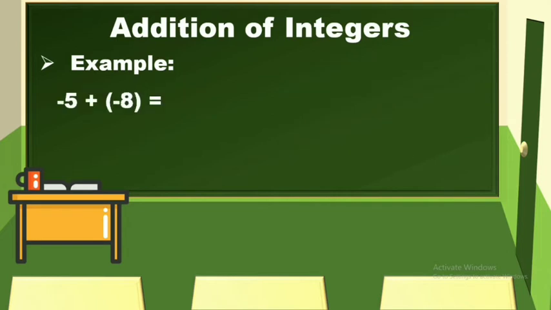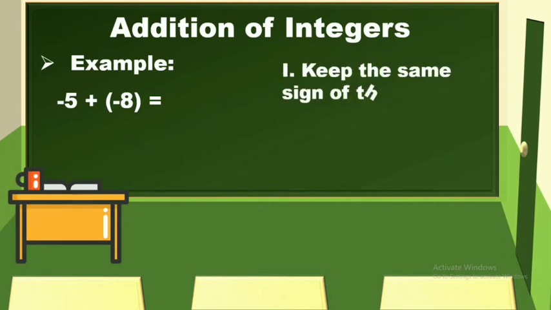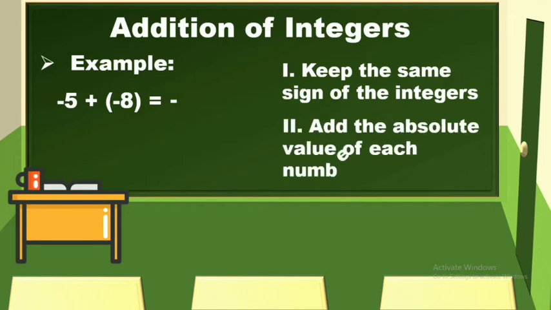What about negative 5 plus negative 8? Again, let us proceed to the first step. Keep the same sign of the integers. Since 5 is negative and 8 is also negative, the answer is a negative. Then step 2, add the absolute value of each number.